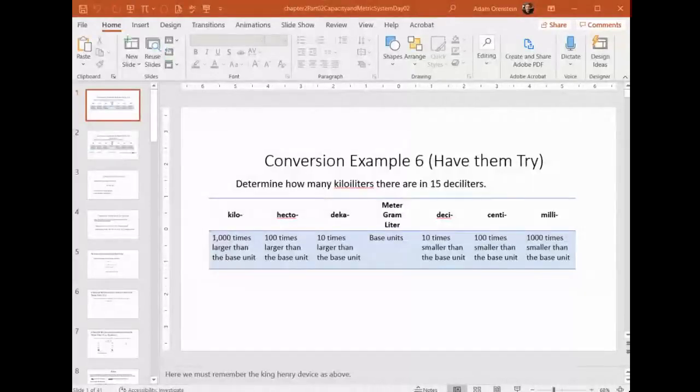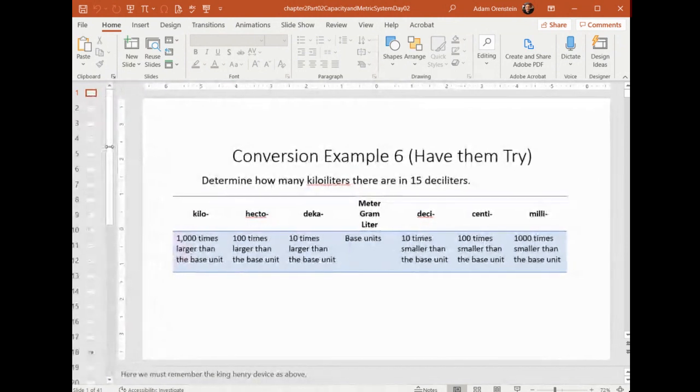Okay, so last time we were looking at the metric system. That's basically what almost the rest of the world uses, except for the United States and two other countries. I don't remember what the two other countries are, but the United States uses the imperial system.